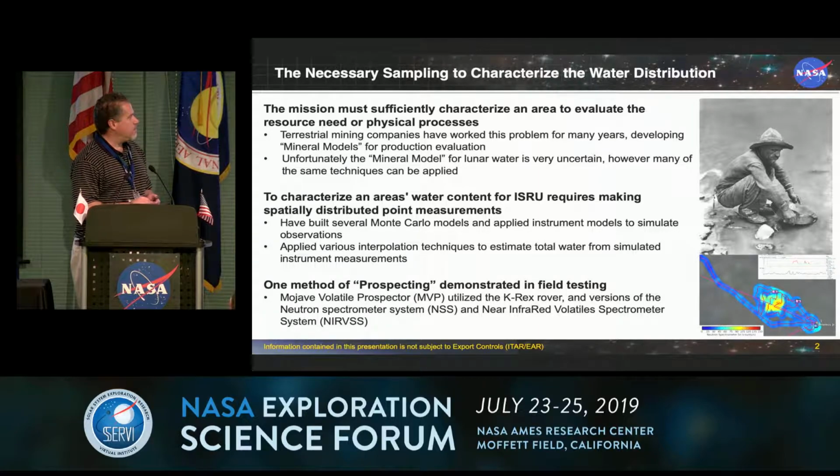So over the last year or two I started developing ideas about how to quantify what we need to do to characterize resources, water in particular, in ways that are meaningful to the resource community and the mining community here on Earth.